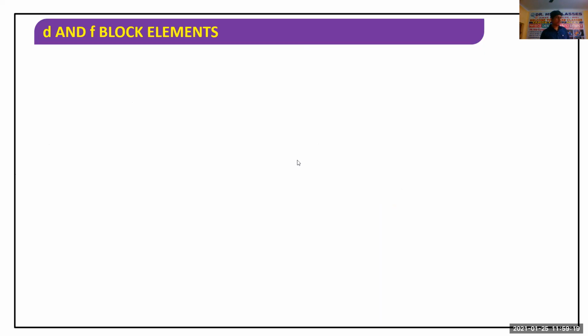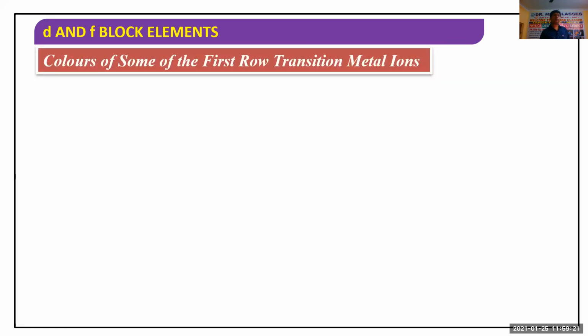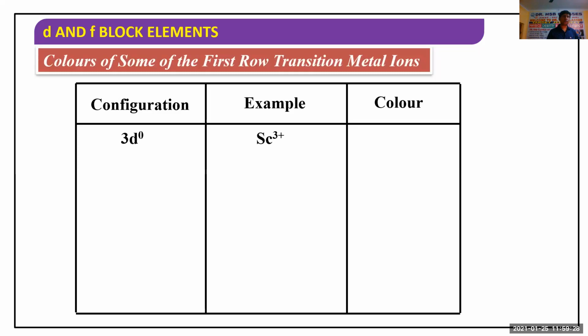Color of some of the first row transition metal ions. Configuration d0, scandium: since there is no d electron, it is colorless. There is no transition of electrons. But when a charge transfer complex is formed, color may arise.